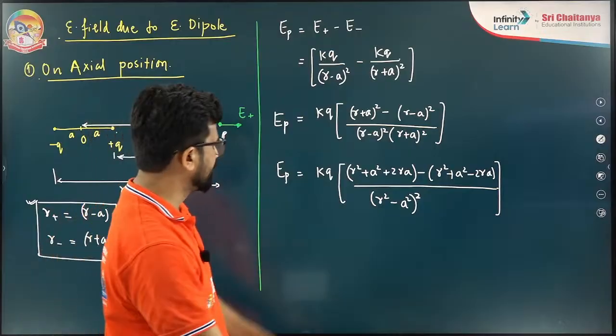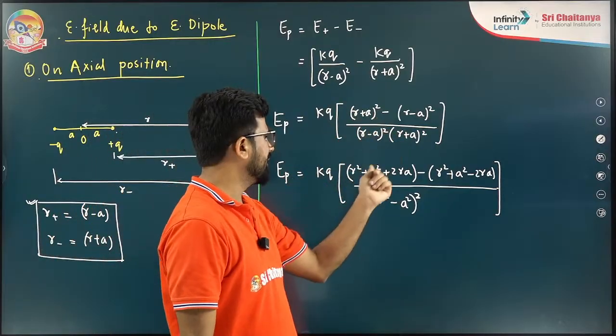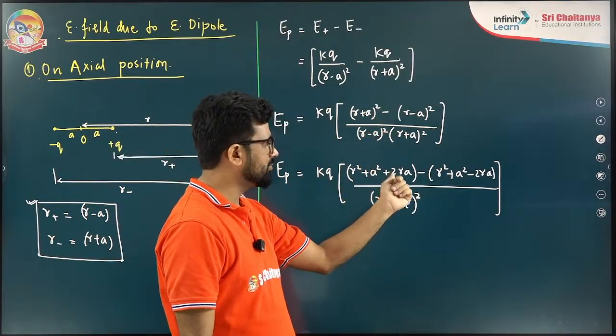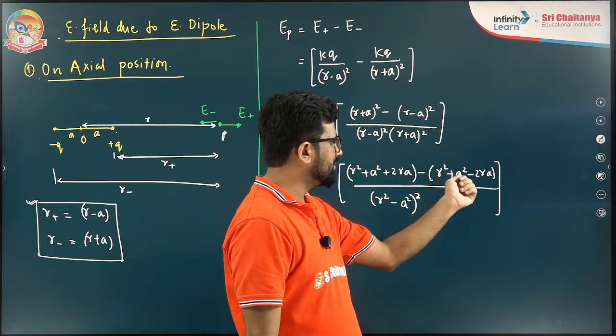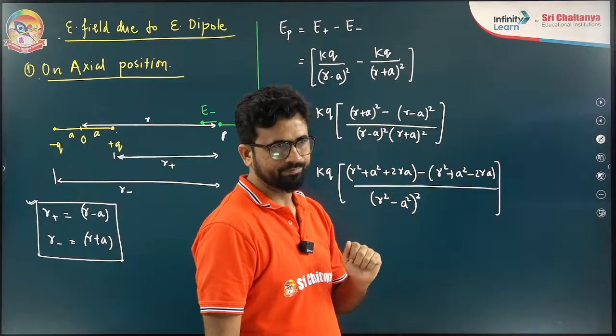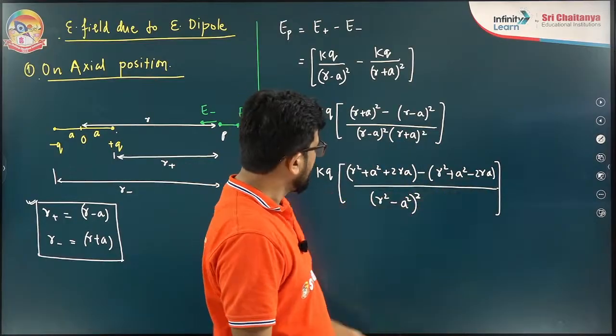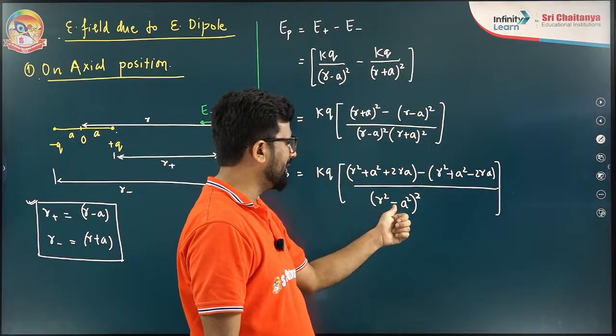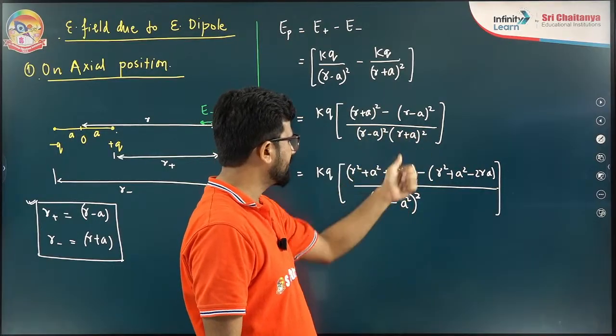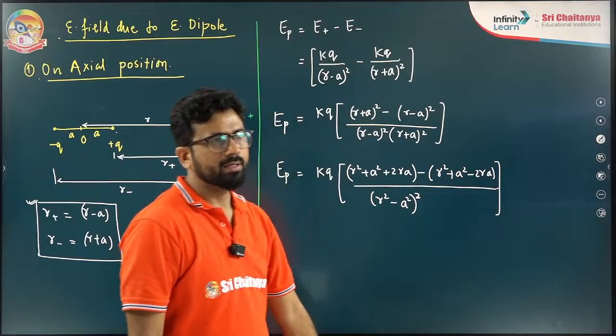I am repeating again. (r plus a) whole square means r square plus a square plus 2ra. (r minus a) whole square means r square plus a square minus 2ra. Upon (r minus a)(r plus a), that means r square minus a square, and both are squares, so this is a whole square. Is it clear?